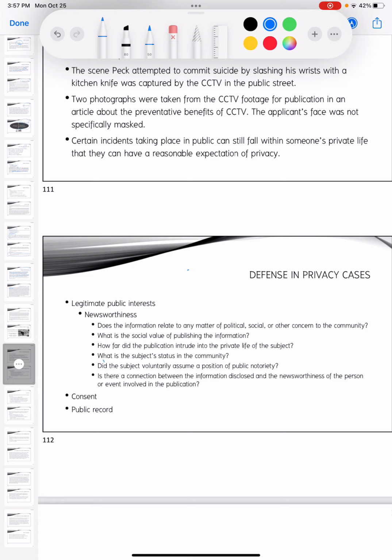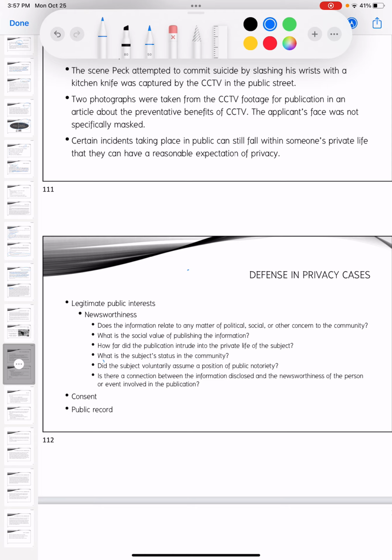First is the legitimate public interest. And the legitimate interest is pretty important because the freedom of the press is serving the public interest all the time, right? By principle. And the test that we call in this one is the newsworthiness test.